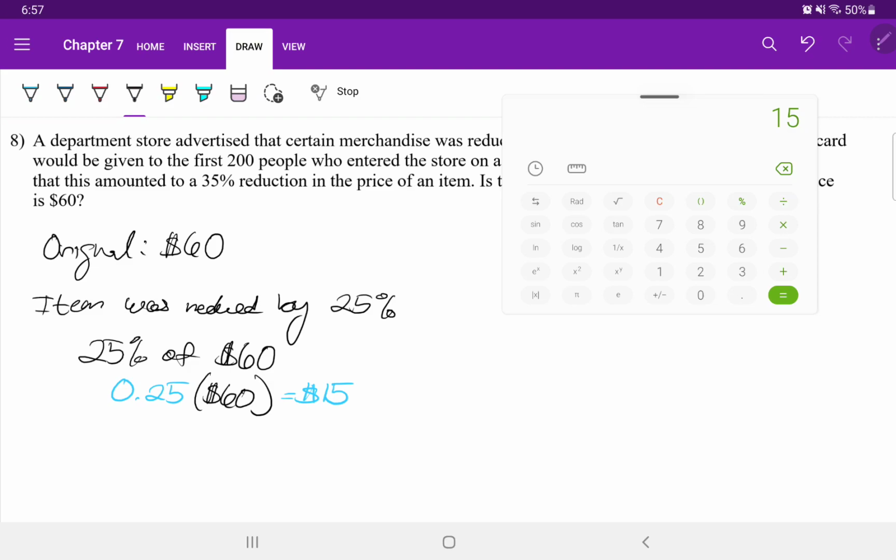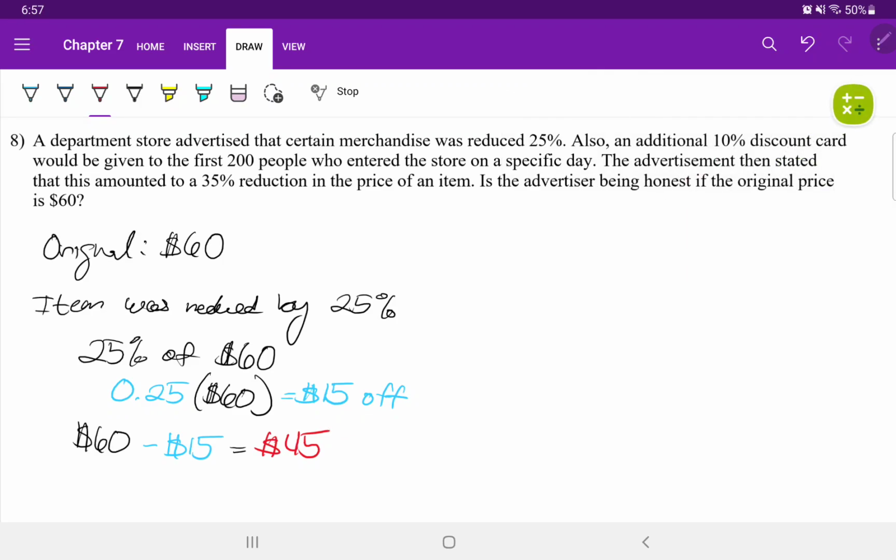So when the 25% reduction is applied, that is going to be $15 off the original price. So it's going to be $60 minus $15, and that's going to equal my total of $45. So with the 25% reduction, I'm now going to be paying $45 instead of $60.